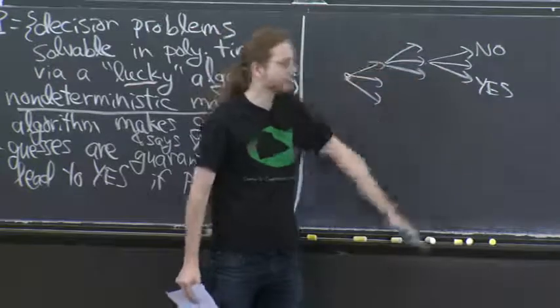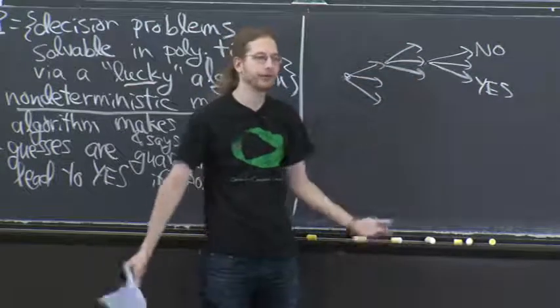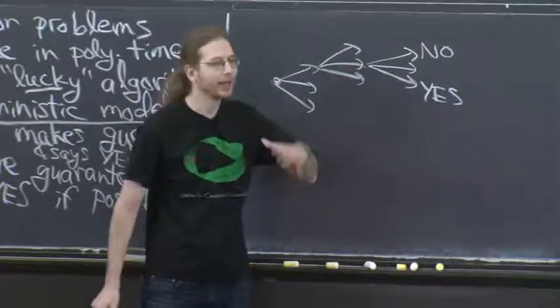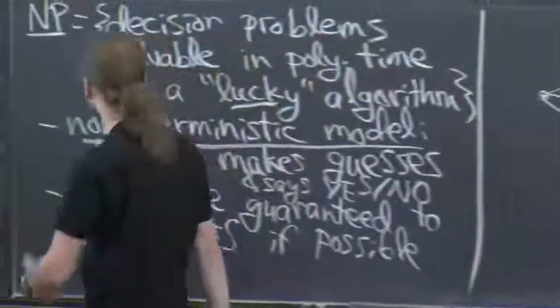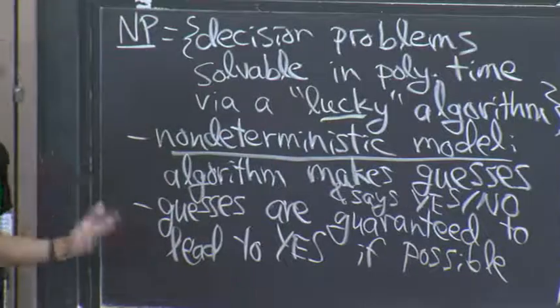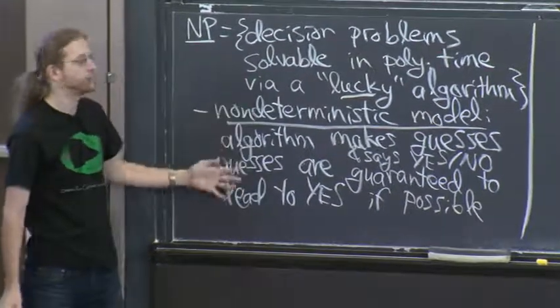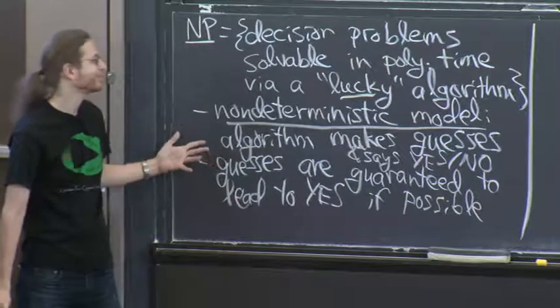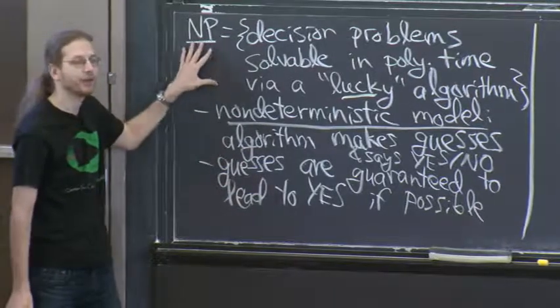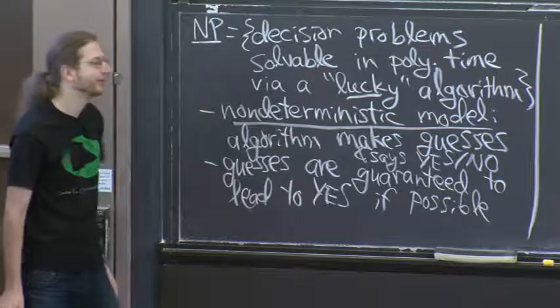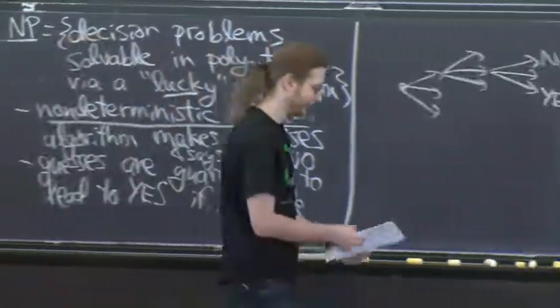If all of the answers are no, then of course it doesn't matter what choices you make, you will output no. But if there's ever a yes, magically these guesses find it. This is the sense of lucky. If you're trying to find a yes, that's your goal in life, then this corresponds to luck. Okay? And NP is the class of all problems solvable in polynomial time by a really lucky algorithm. Crazy, I know.